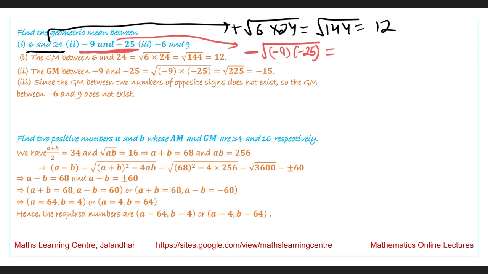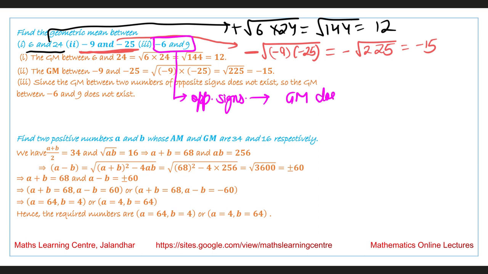We get minus square root of 225, that is equal to minus 15. And in the last case, what is the geometric mean between minus 6 and 9? These are of opposite signs, so the geometric mean does not exist.